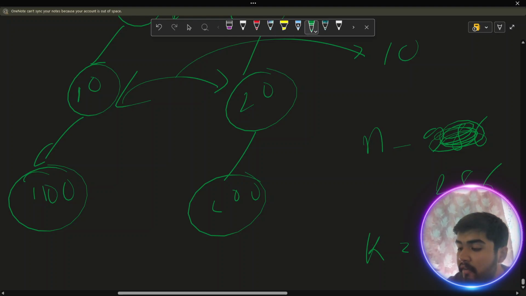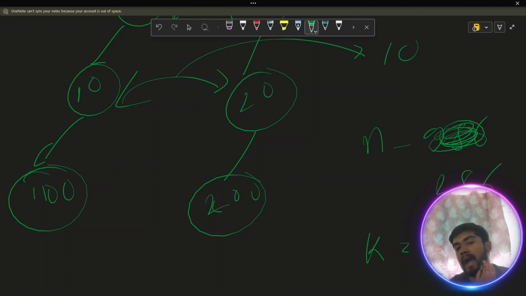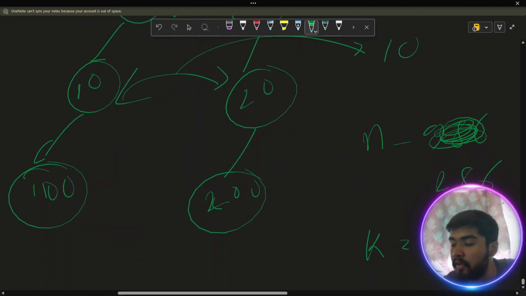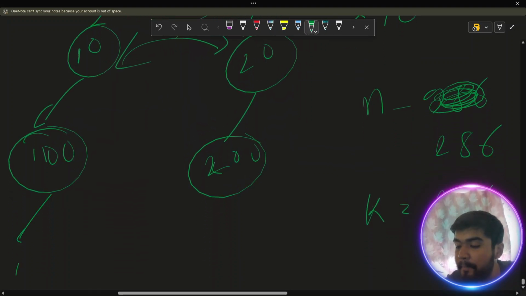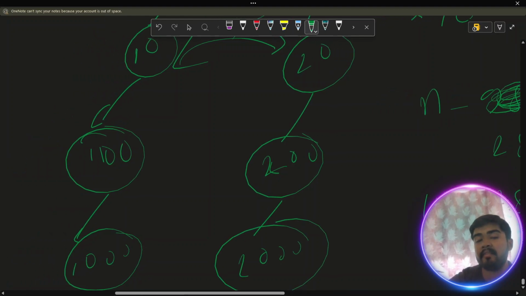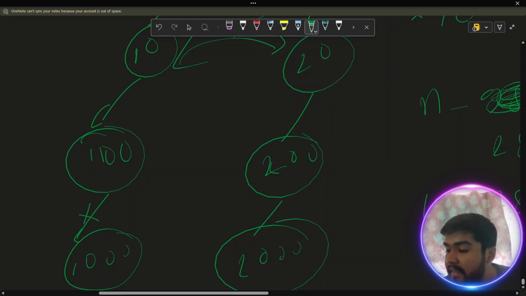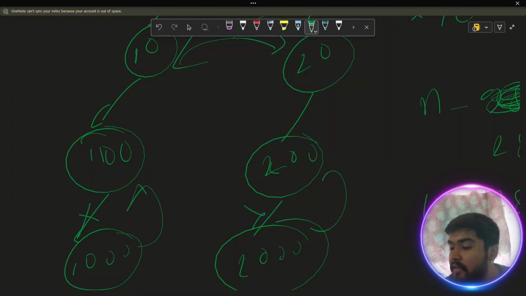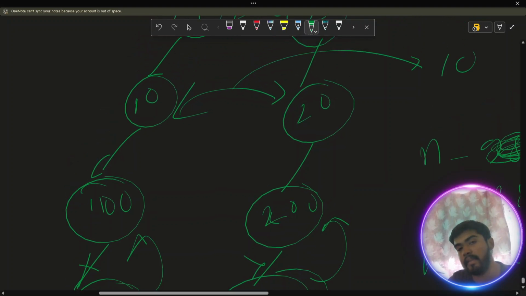So I am pretty sure my answer in this case is 286. If I make a jump to 1000, it becomes 2000, which is more than my n value. So this jump is not allowed, so we return.